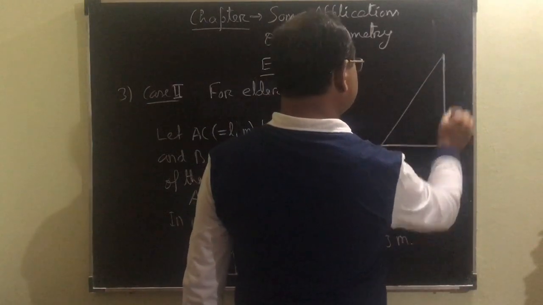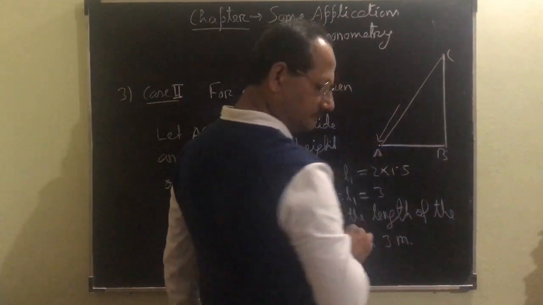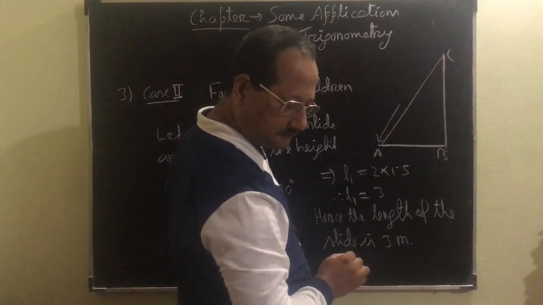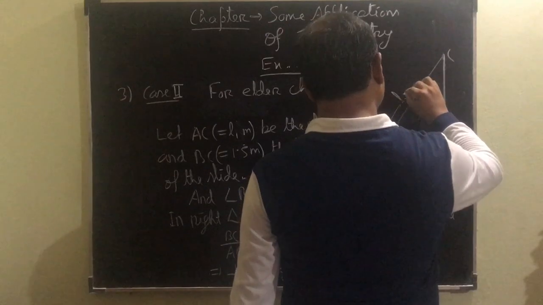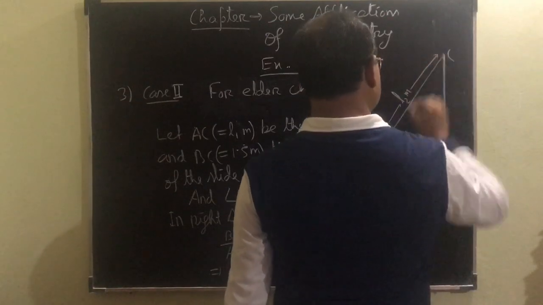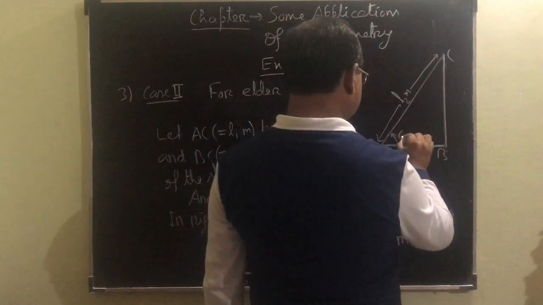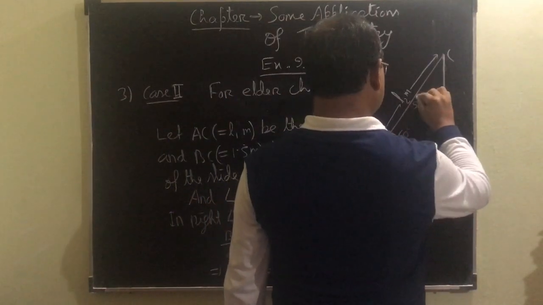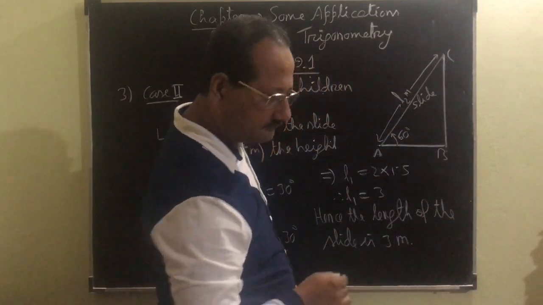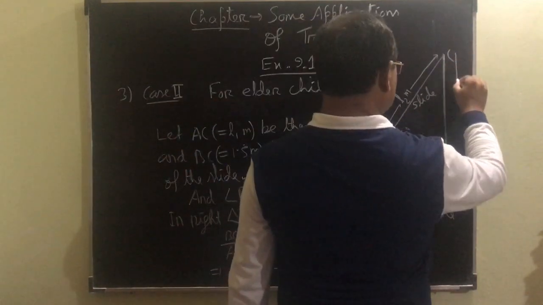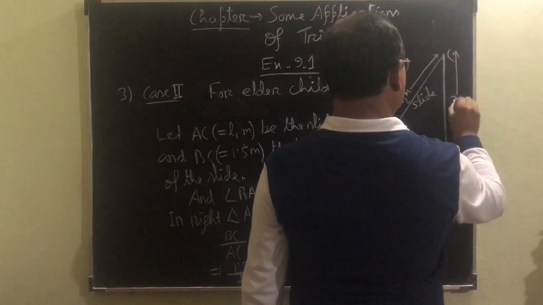ABC, L2 meter, and this angle is 60 degree, the slide. This one is 3 meter.